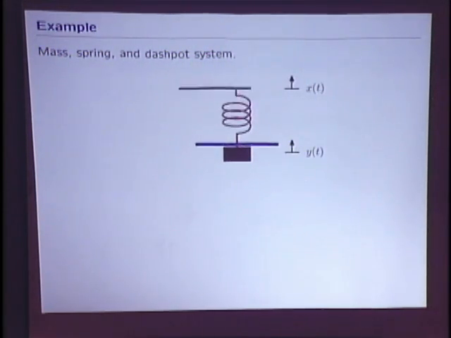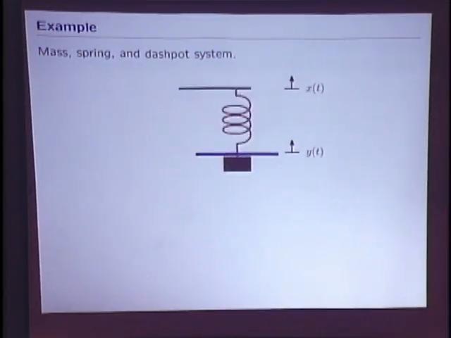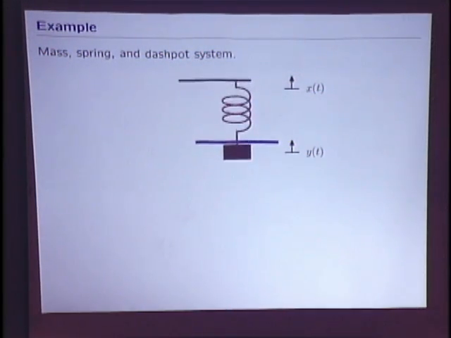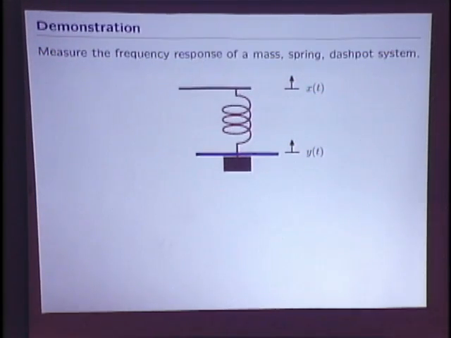If I think about the input of the system being the position of the top of the spring, and the response of the system being the position of the mass, then I can characterize that system as a linear time invariant system, and I can think about how the amplitude and the phase change as a function of the frequency of the sinusoid.